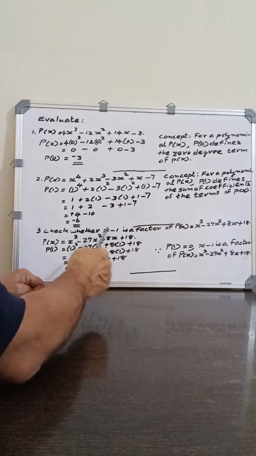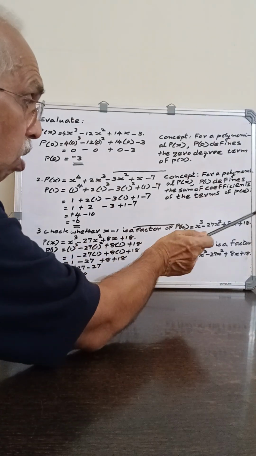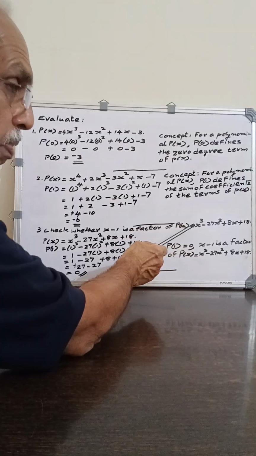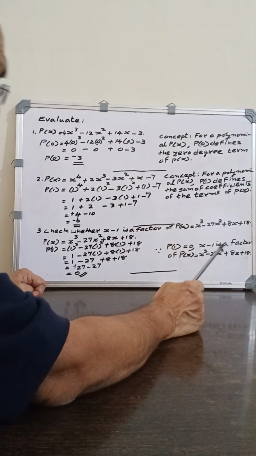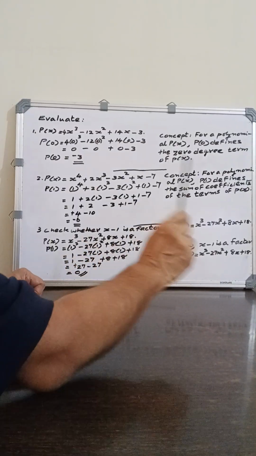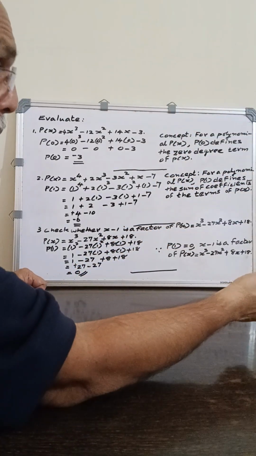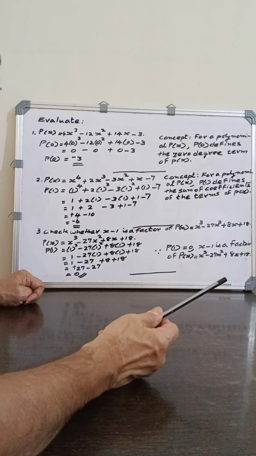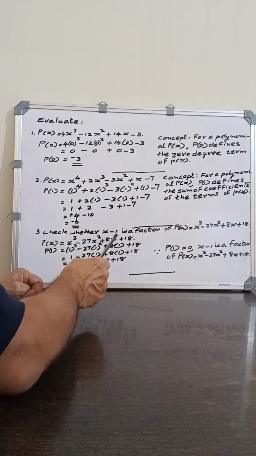Here, given a polynomial, check whether x minus 1 is a factor of this polynomial, that is, a hidden factor in P of x. When x minus 1 multiplied by any other polynomial results in this, check whether it is true or false.